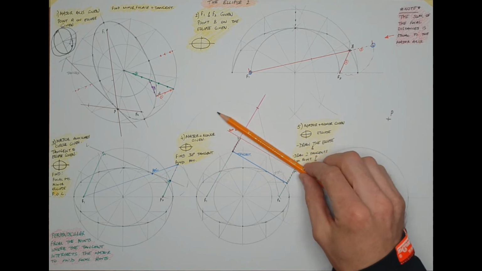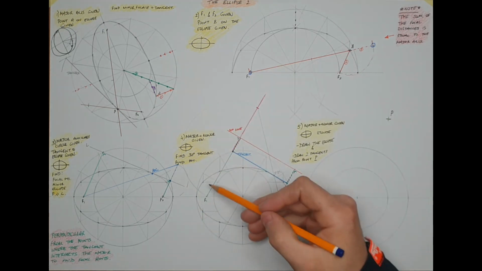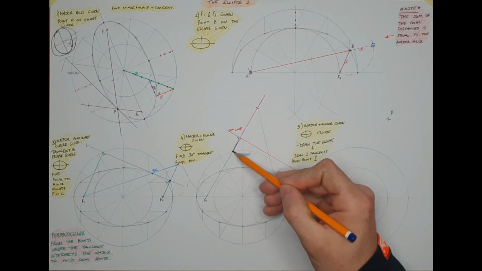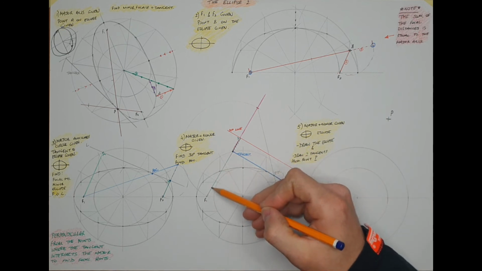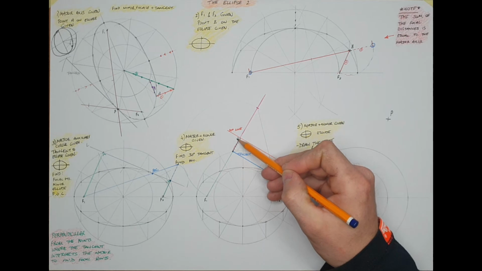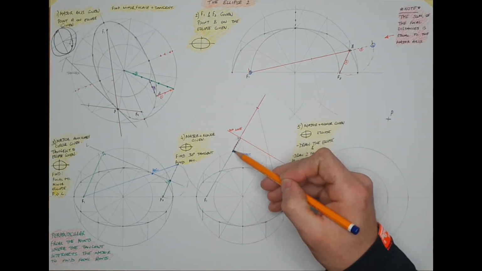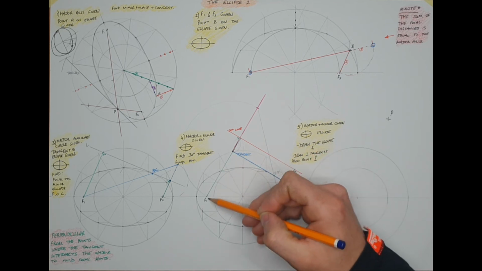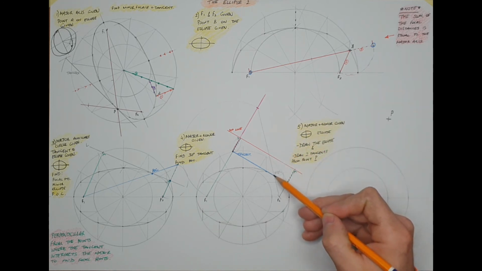We run off perpendicular to that line from the focals, and that gives us the 2 points on the tangent that are on the major auxiliary circle. We double one of our focal distances, and of course not including this extra space out to the red line, but we double one focal distance out to the point on the major. We double it up and join it back to the second focal point, giving us a point of contact.